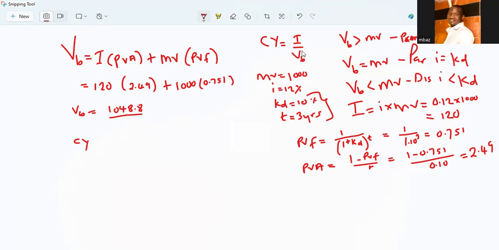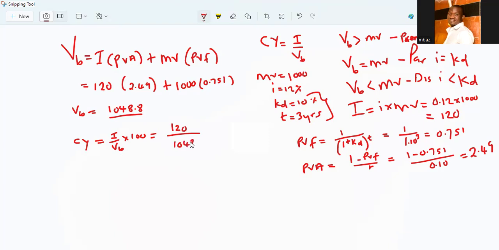I give you the formula. What is the current yield? Coupon value over the selling price of the bond times 100. What is the coupon value? 120. What is our selling price of the bond? 1,048.8, times 100.